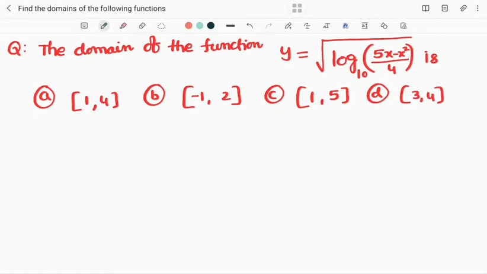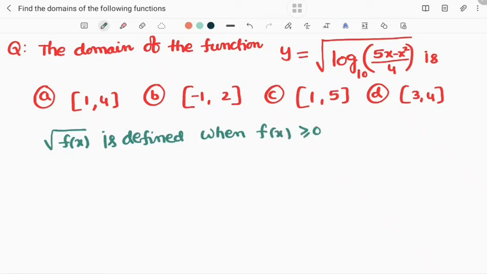The next question. The domain of the function y equal to root over log of 5x minus x square by 4 to the base 10 is. We know that whenever the function is under root, root f of x is defined when f of x is greater than or equal to 0. In place of f of x, what function is there?